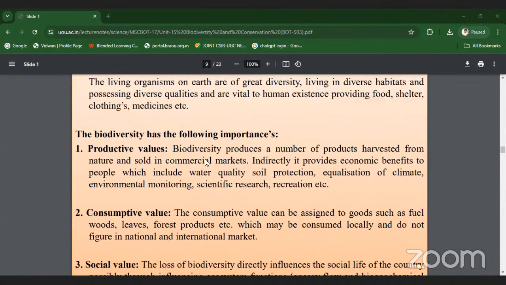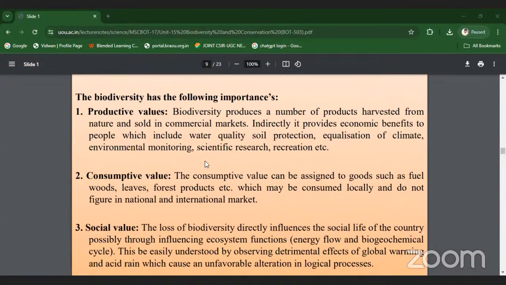From the examination point of view, if they ask the value of biodiversity or the importance of biodiversity, it is the same question. Let's say productive value: what you produce.